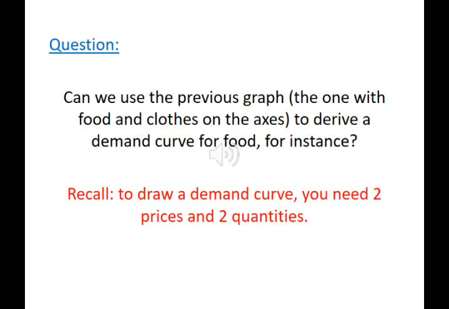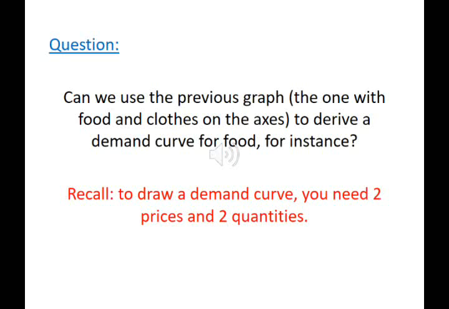This is the question. In order to answer it, recall that to draw a demand curve for any good, we need just 2 points. So we just need 2 prices and 2 quantities.